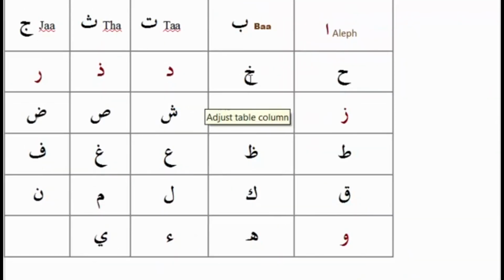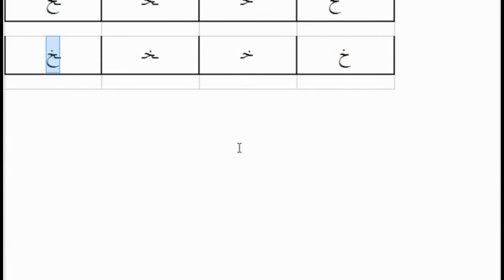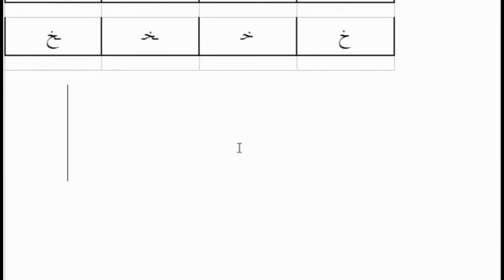This was the case for all the letters we taught you before, except those letters which do not connect from the left but can connect from the right. All of them, when we write them at the end, come back to the original. Let us see what we mean by original.